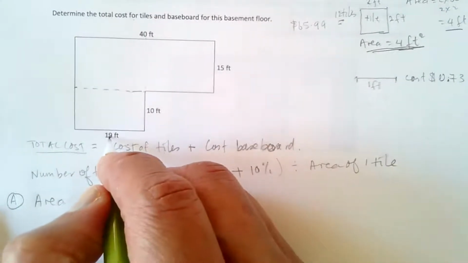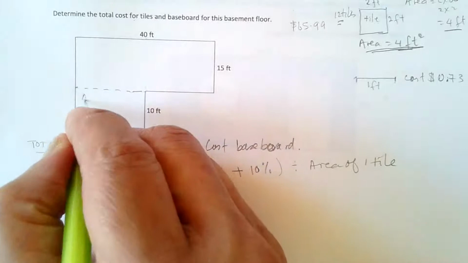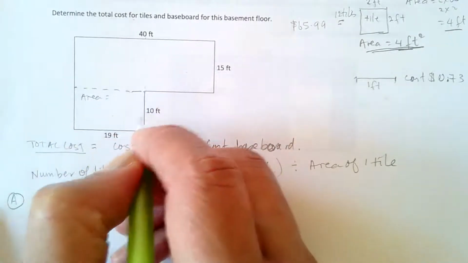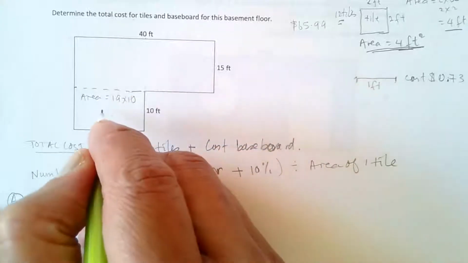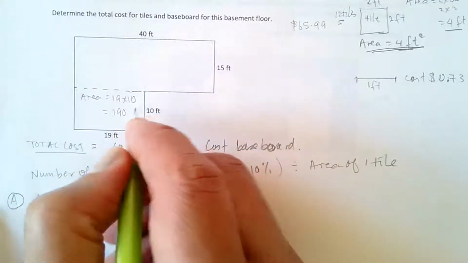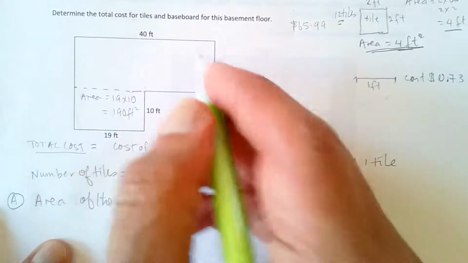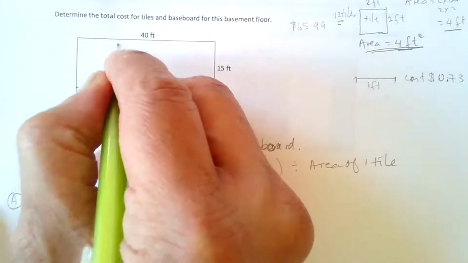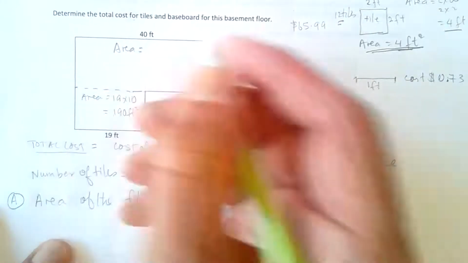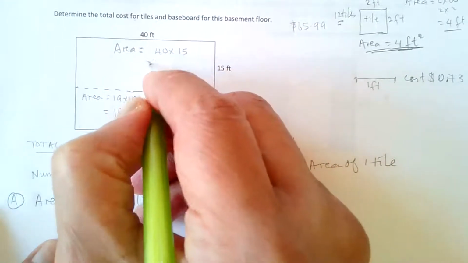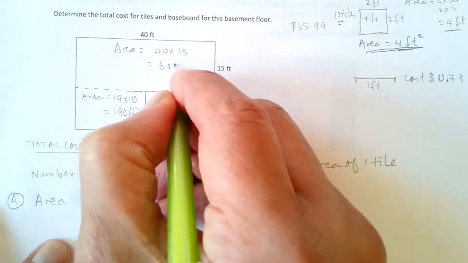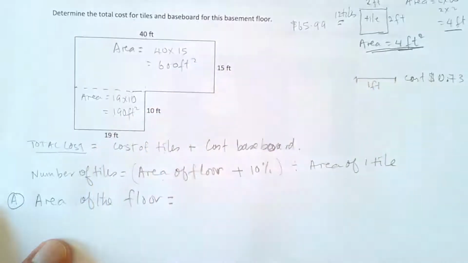So now this part of the area is equal to 19 times 10, which is 190 square feet. This other section here, area is equal to 40 times 15, which works out to be 600 square feet.